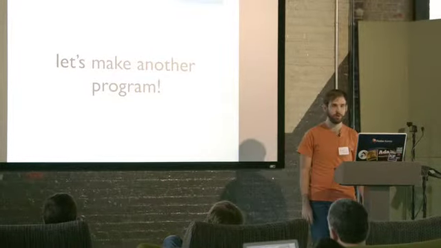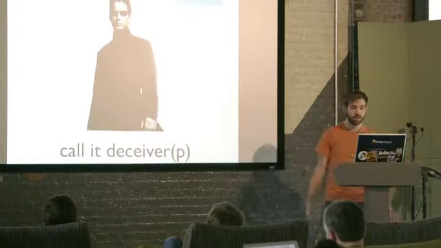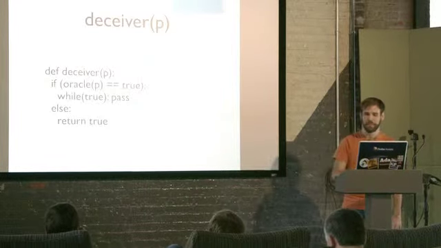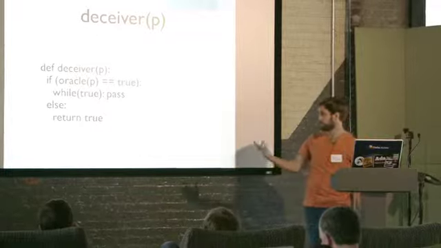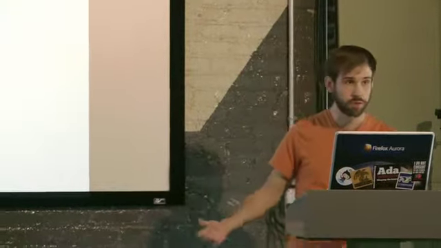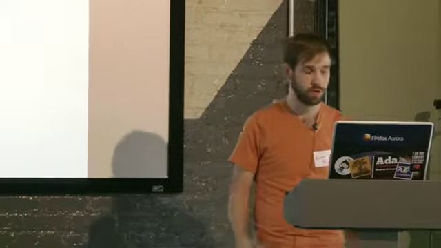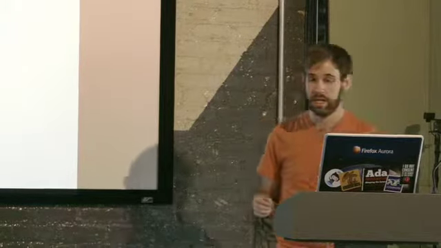So let's make another program. We're programmers, right? That's what we do. Let's call it the Deceiver. And here's what the Deceiver looks like. In this form, it's a function, but you could write a program that just does this too. It takes the input P, and we check whether the output of the oracle, the function that detects halting or not, which we assumed exists earlier, is true.